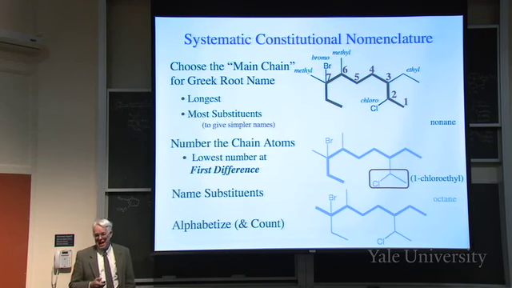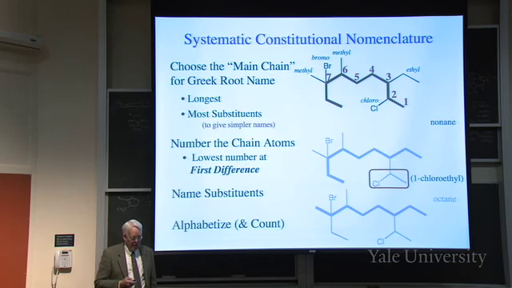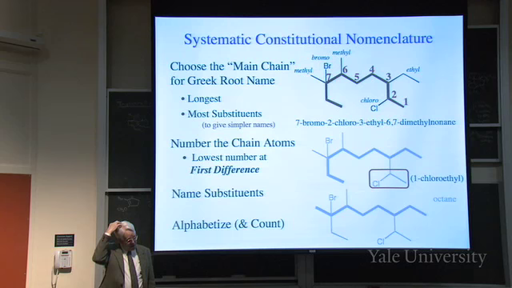Then you alphabetize them. You don't put them on by order of their number. You alphabetize the names of the groups, and you count. So that compound is 7-bromo, B is first, 2-chloro, C, 3-ethyl, 6,7-dimethyl, nonane.